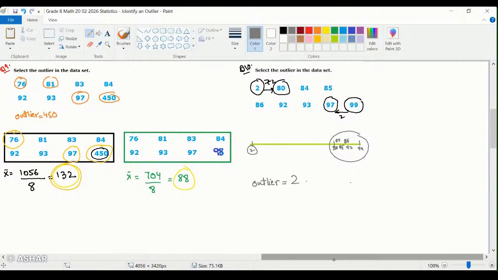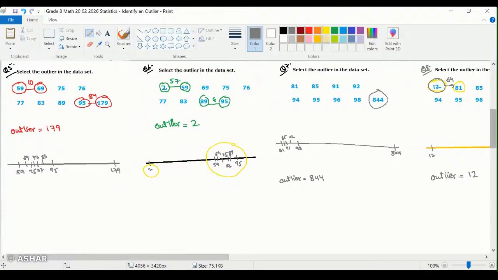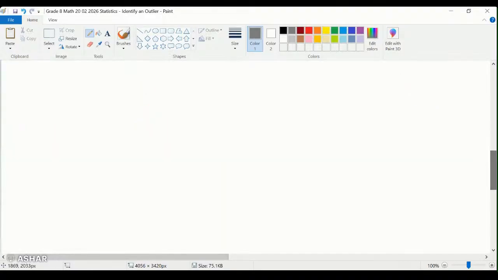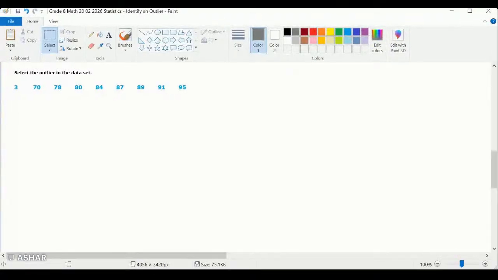For question number 11, in the given information, they're asking us to select the outlier for the given data set.